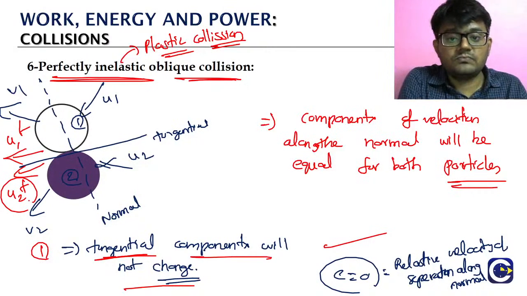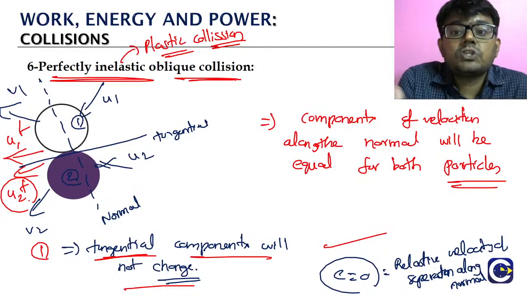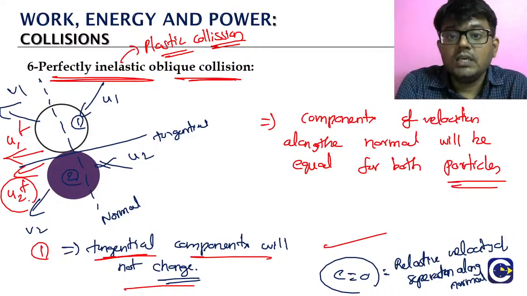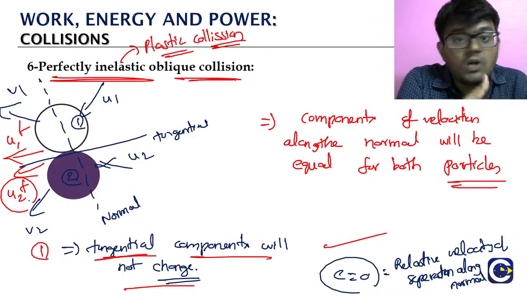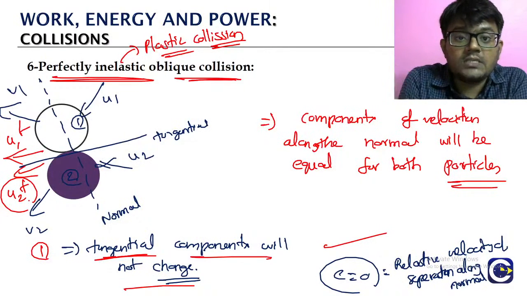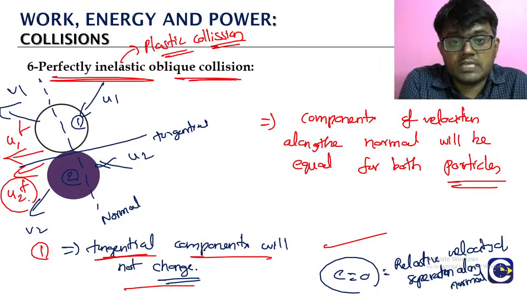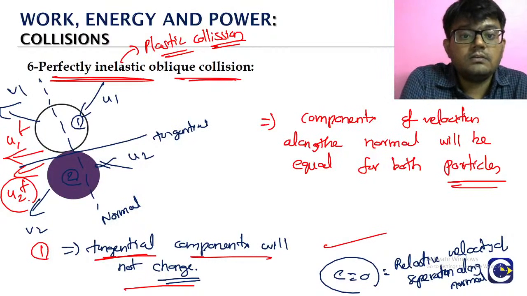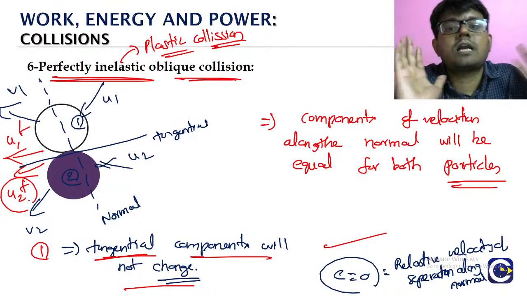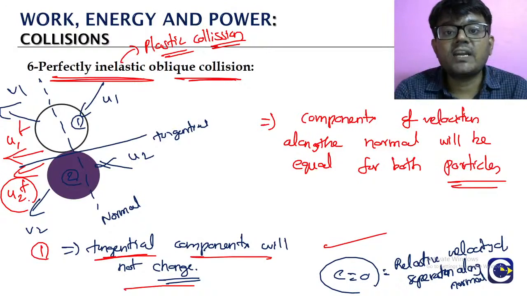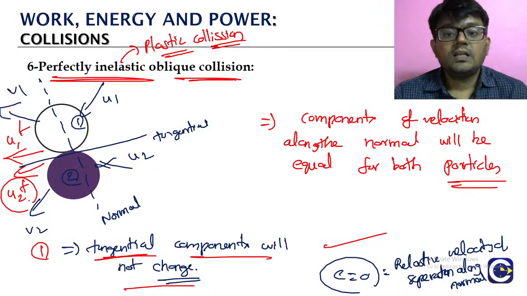So when can we have the situation of moving together? When the initial tangential components are also equal for both particles, so that the tangential components do not change. Then after collision the particles will start moving together. So this moving together in a perfectly inelastic collision is guaranteed only for the head-on category.